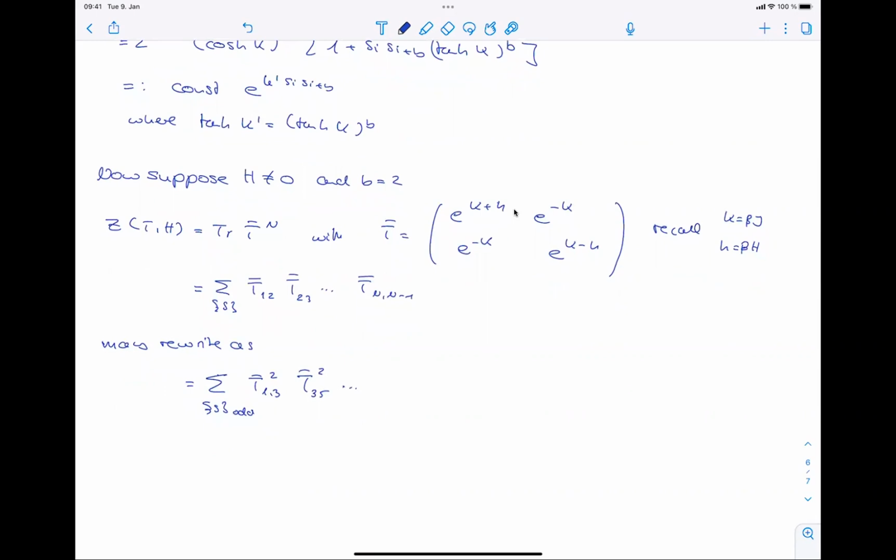To really solve this transfer matrix, we have to specify a boundary condition.